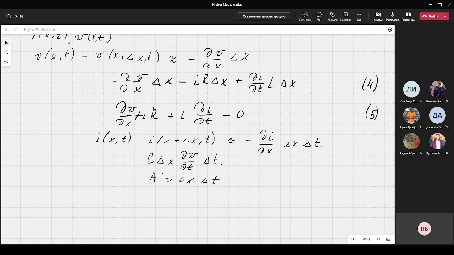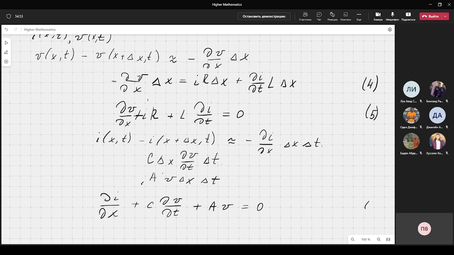Equating these expressions and cancelling out delta x, delta t, we get the equation dI over dx plus C times dV over dt plus A times V equals 0.